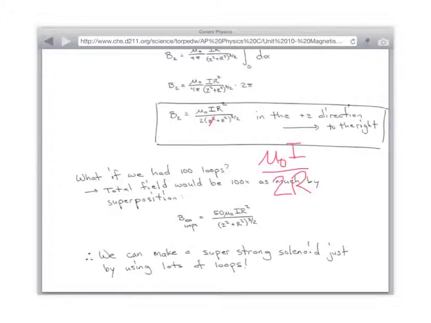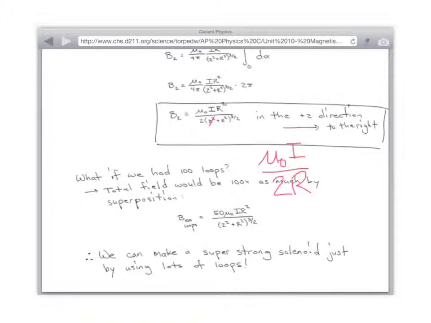If you do the right-hand rule on that, you'll realize that the field at point P must be pointing in the direction of the Z-axis. So, that's where we're starting. We want to determine the field strength at point P from the loop of wire.